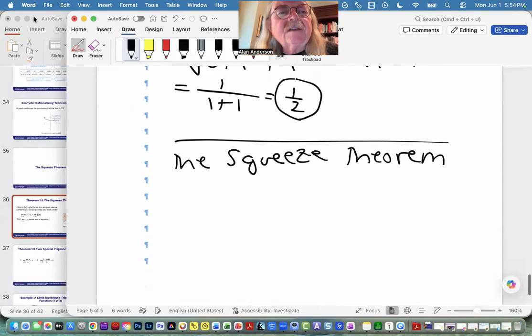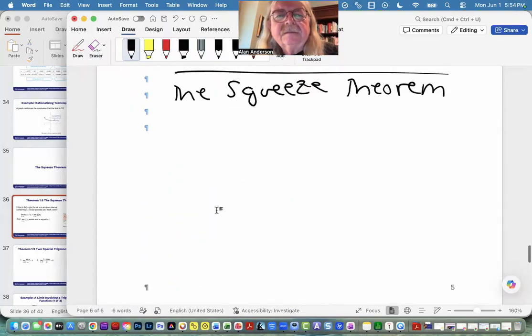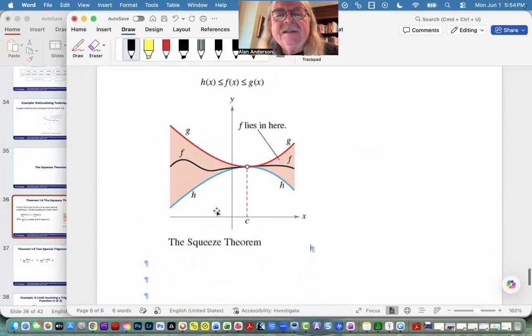This requires us to find functions that essentially surround the one that we're looking at. That may not be easy, but it could work well with trig functions because of the way we've seen before that they look like roller coaster rides.